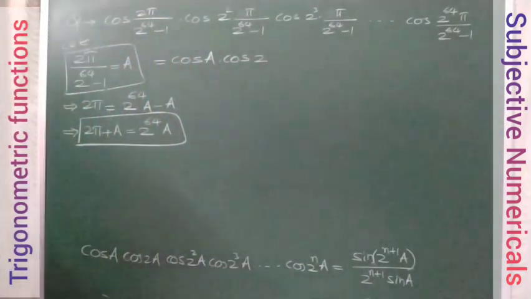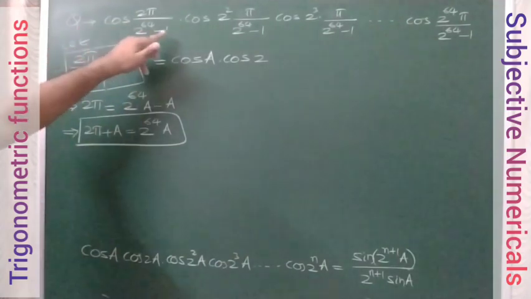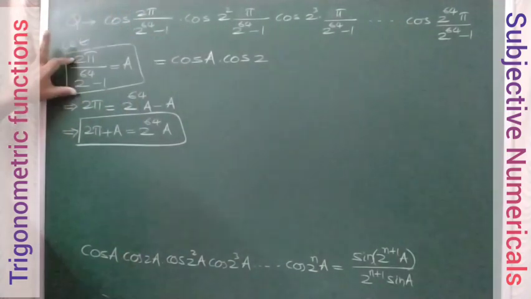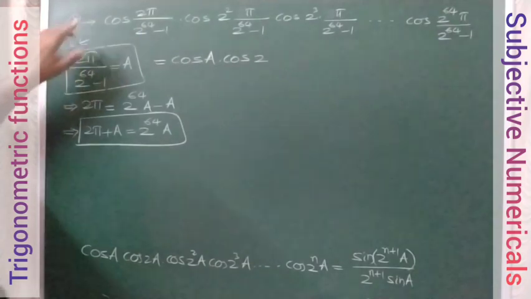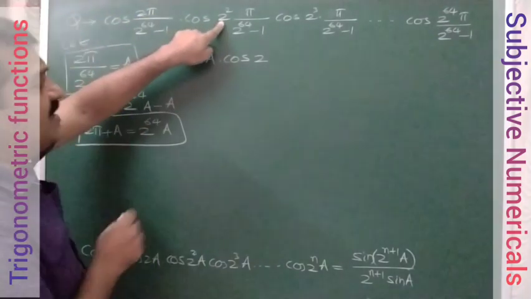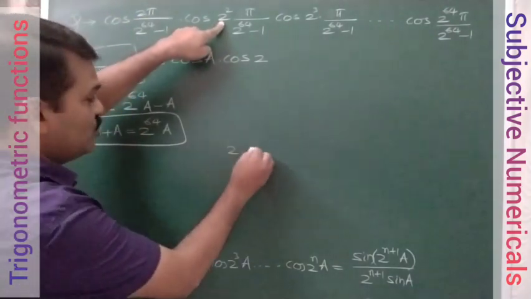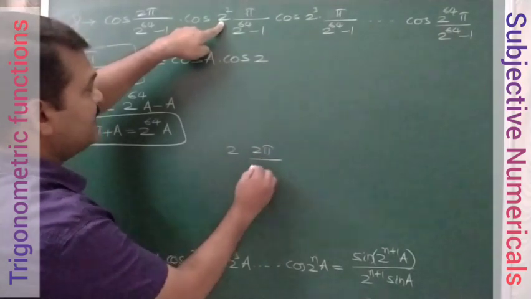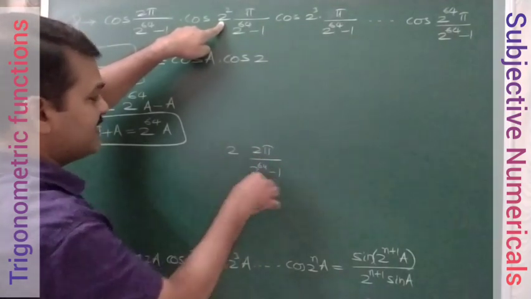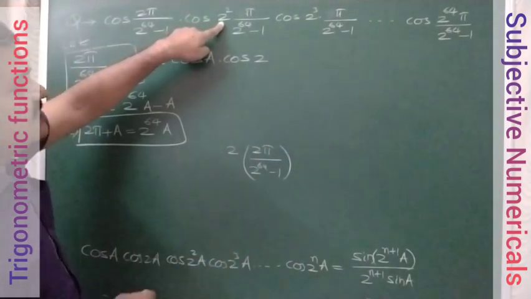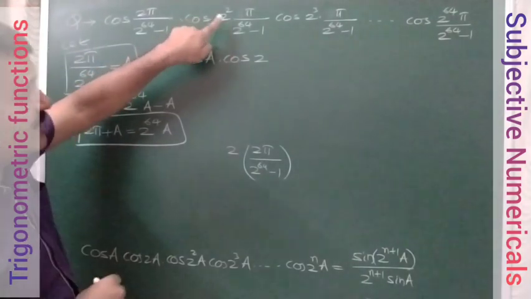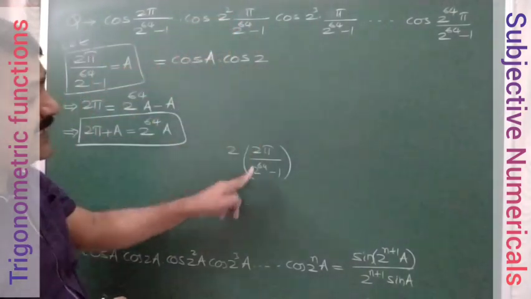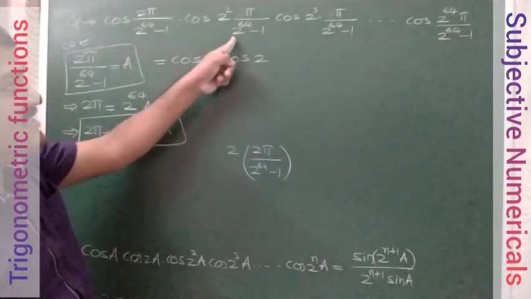So this is the question actually. 2 pi by 2 power 64 minus 1 we have taken as A. So this you have to actually write as 2 into 2 pi by 2 power 64 minus 1. 2 square into pi is there.